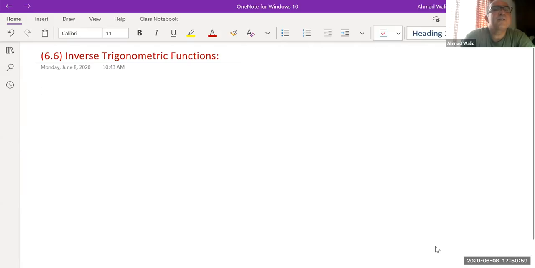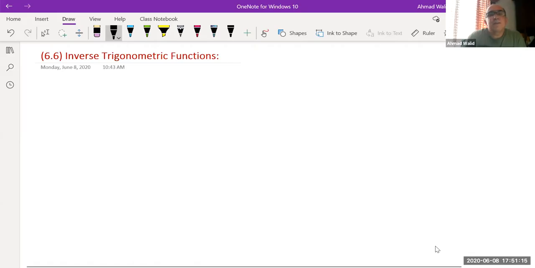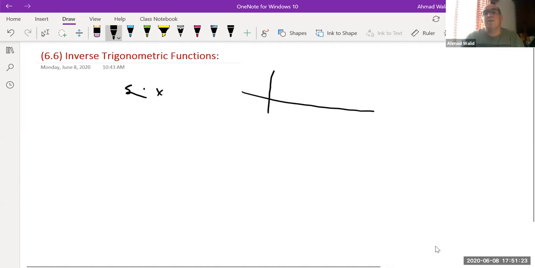Section 6.6 is inverse trigonometric functions. Trigonometric functions are not one-to-one functions. For example, if you remember the graph of sine x, let me correct my drawing a little bit.